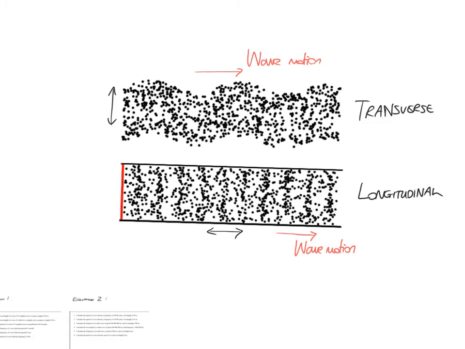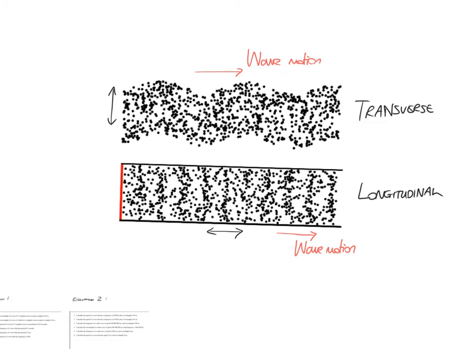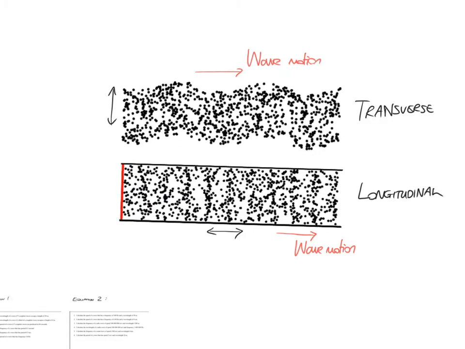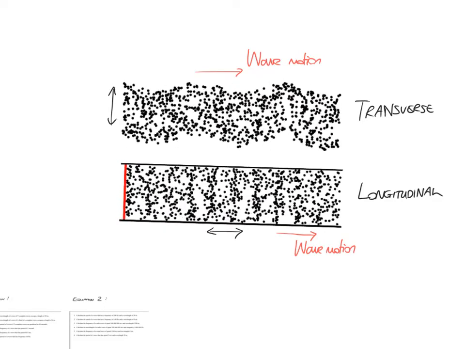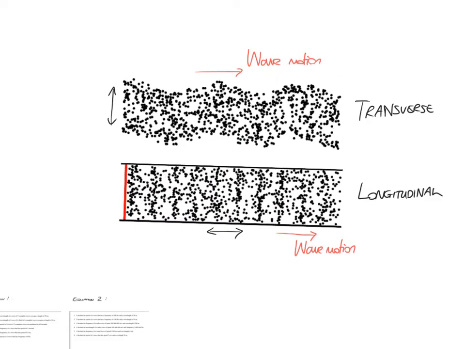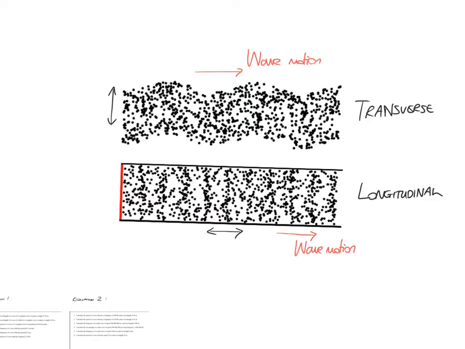The definitions of transverse and longitudinal waves are couched in terms of the direction in which particles oscillate compared to the direction in which the waves move. Pause the video and have a go at writing the definitions of transverse and longitudinal waves underneath the words as I've indicated there.